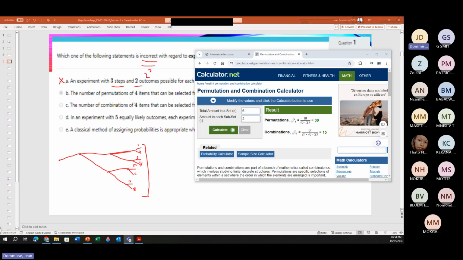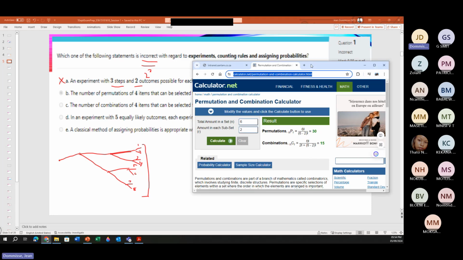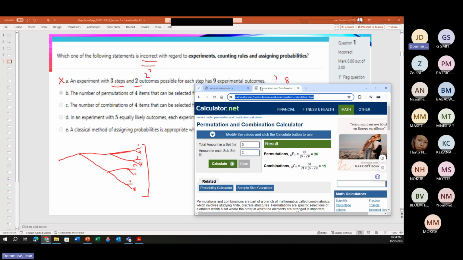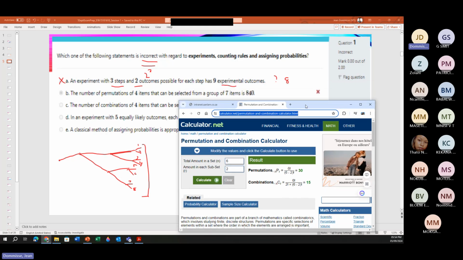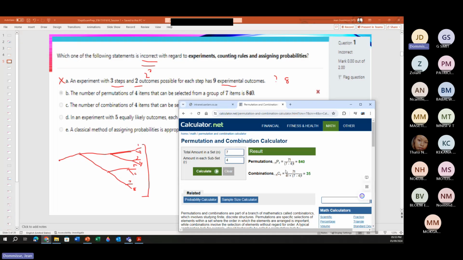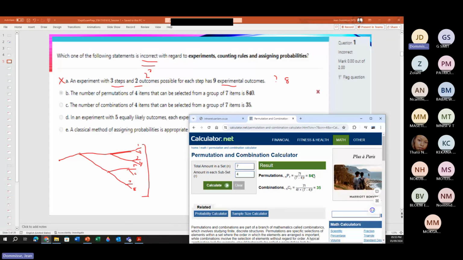Total number in sets. So here they tell us we are working with the number of permutations of 4 that can be selected from a group of 7. Okay, so what is great is that here we have a permutation one.